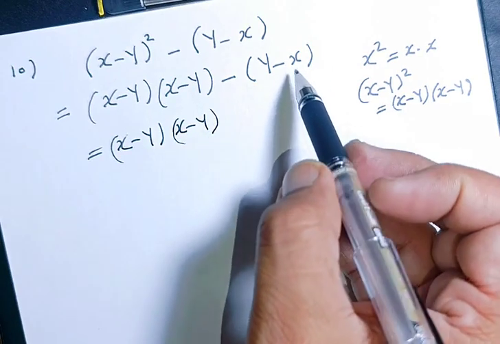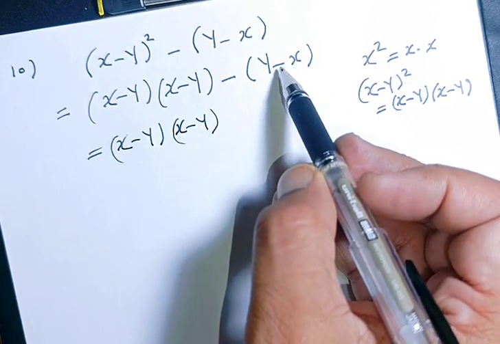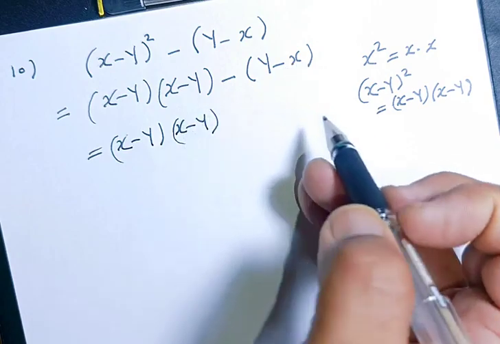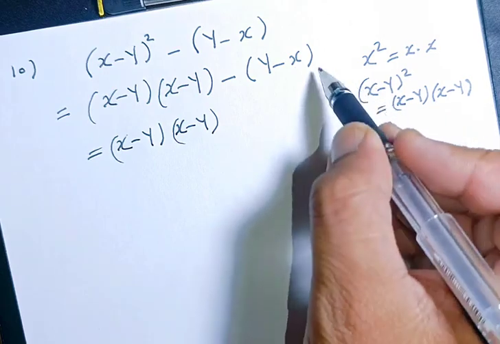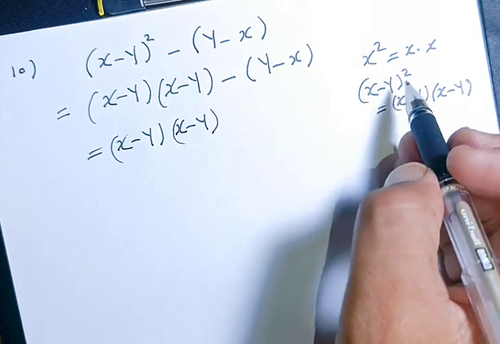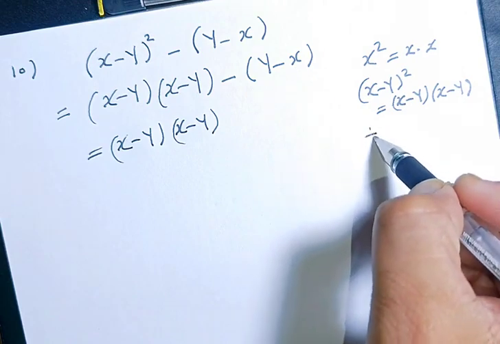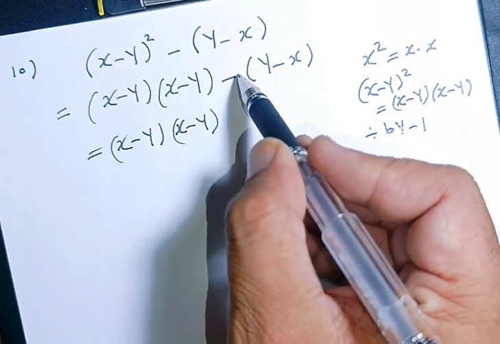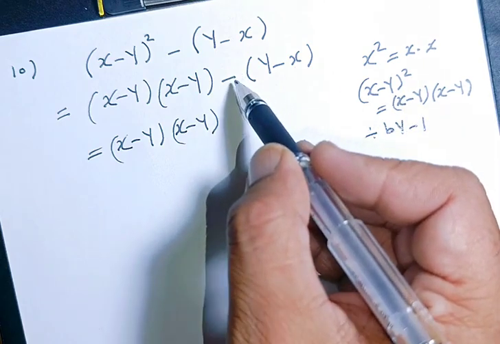Now, remember, I told you when there is a negative sign inside, you can divide by -1. So this whole second expression, we're going to divide by -1. So this becomes -1 outside, already -1.